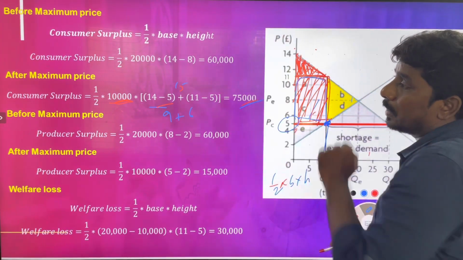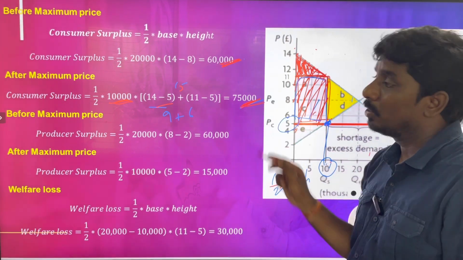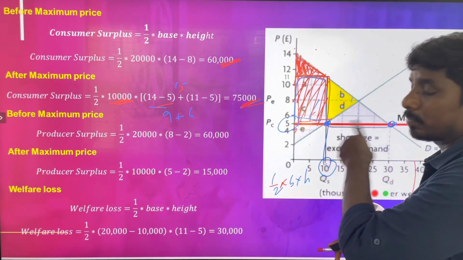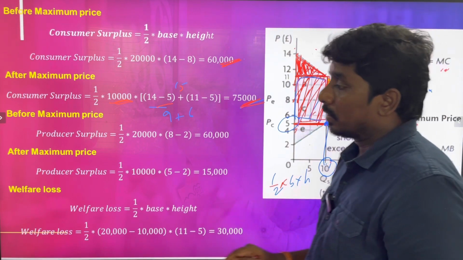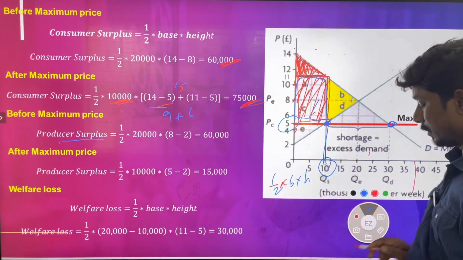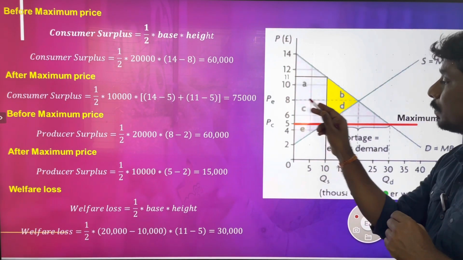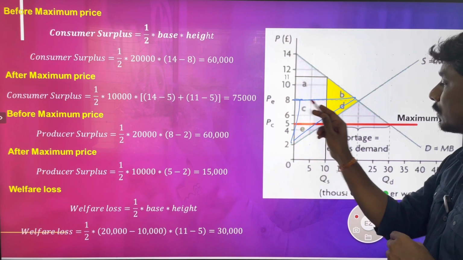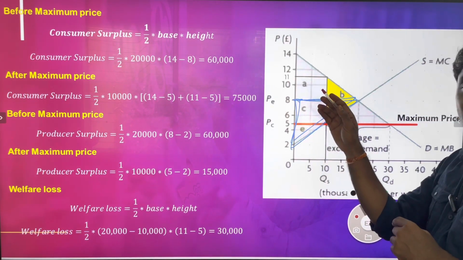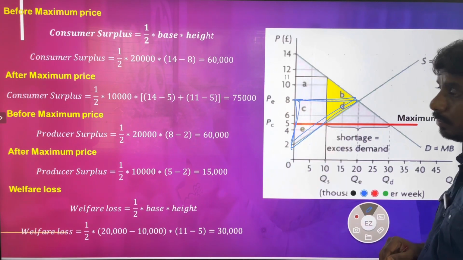So earlier the consumer surplus was 60,000, but now the consumer surplus has increased. So the consumers are better off because of the maximum price. Okay, now the producer surplus. Before the maximum price is set, this entire triangle is the producer surplus, below the equilibrium and above the supply curve.